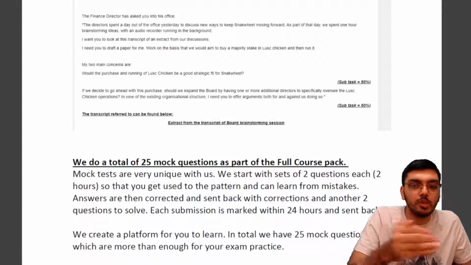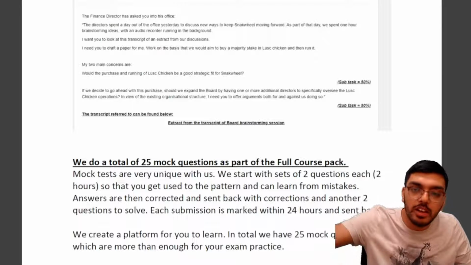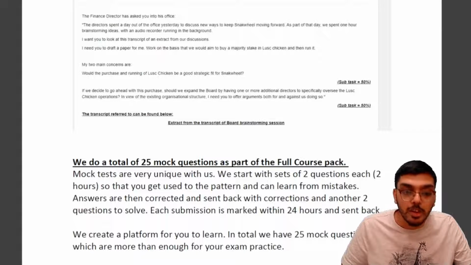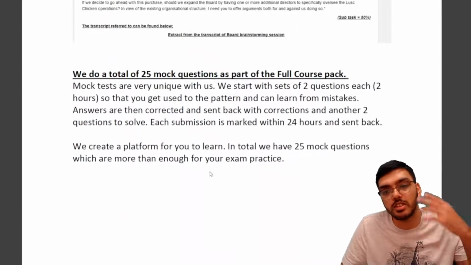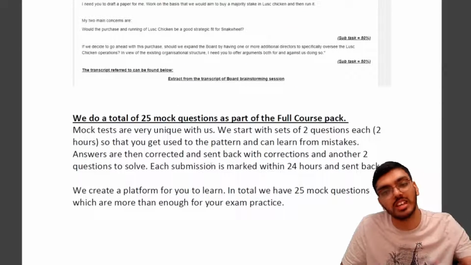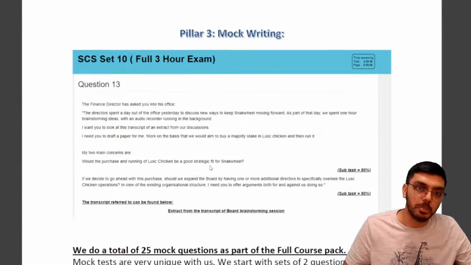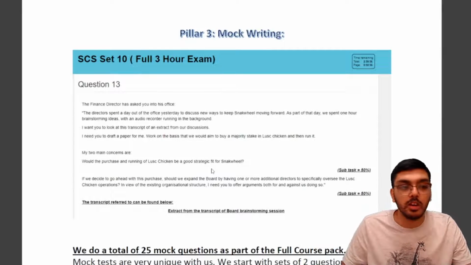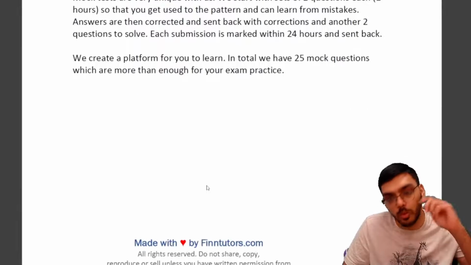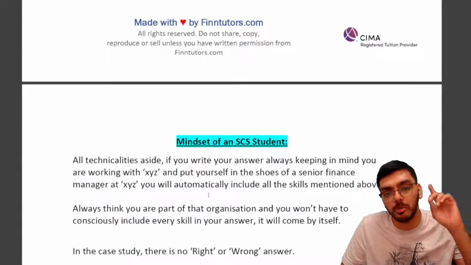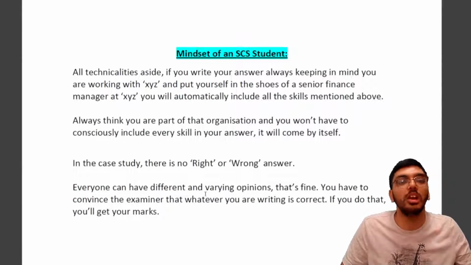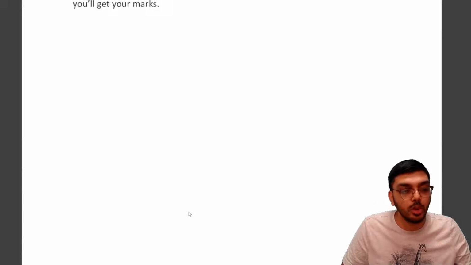So we'll start you off slowly and gradually build to full 3-hour exams, and you will be ready to take them because you will be in that confident zone, in that zone of being ready. So remember, the third pillar is the mock writing pillar, for which we'll give you the material and the mocks. Your job will be to solve them with full integrity and with full commitment.